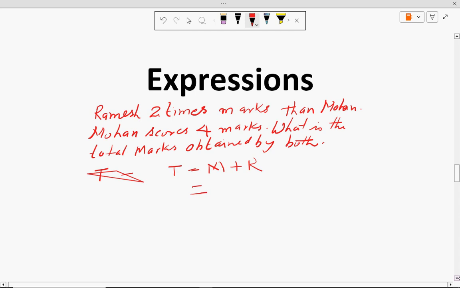Mohan in this case is scoring 4 marks and Ramesh is scoring 2 times than Mohan, that is 2 multiplied by 4. So what is the total marks? 4 plus 8.